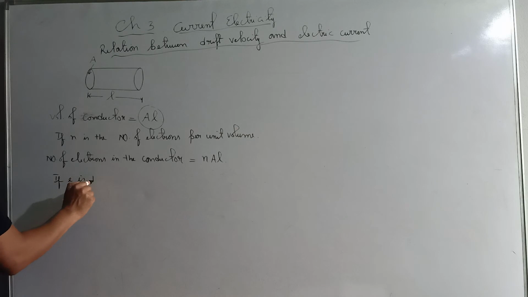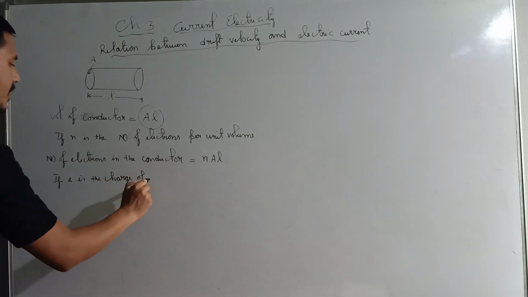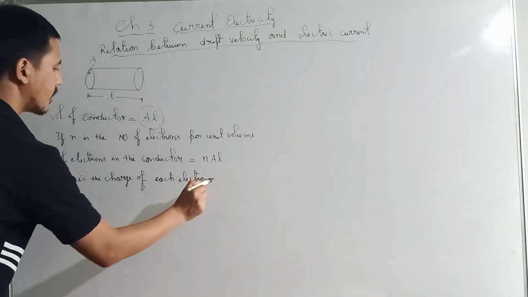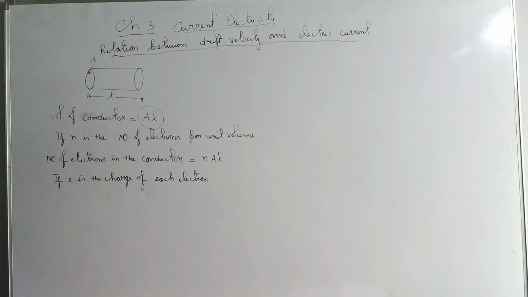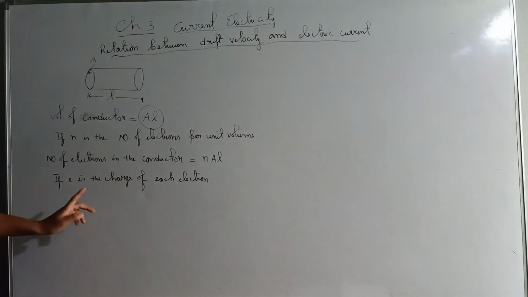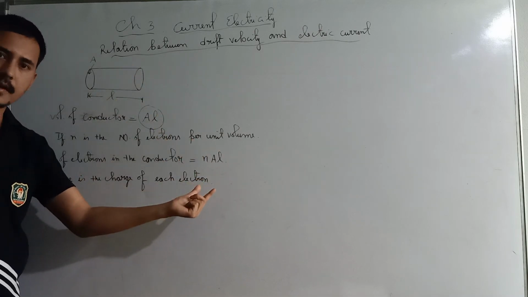If E is the charge of each electron, then the total charge of all the electrons in this conductor will be given by E times the number of electrons present in the conductor.